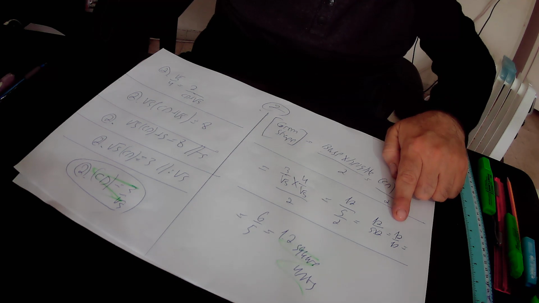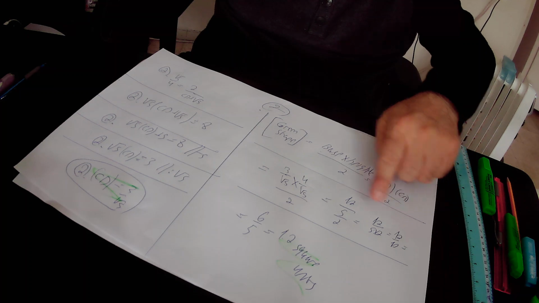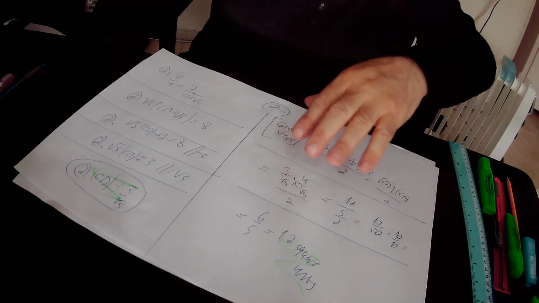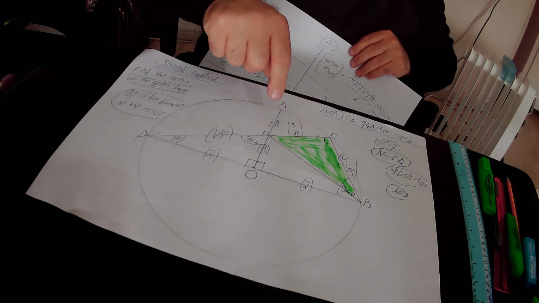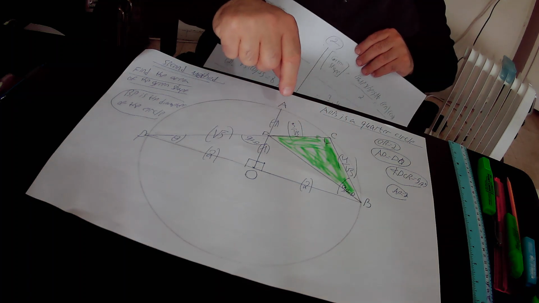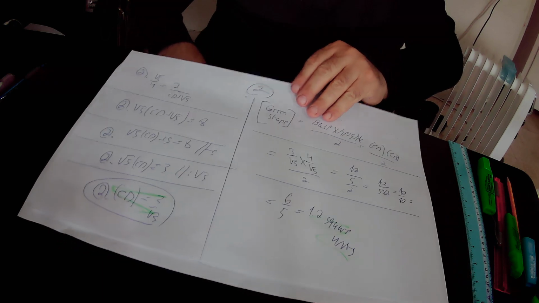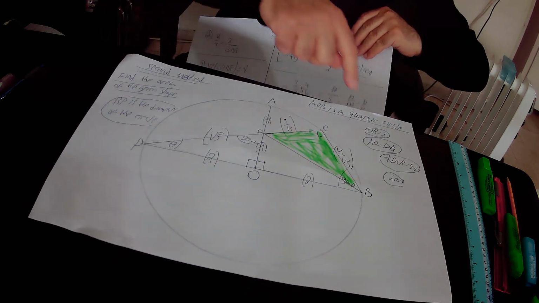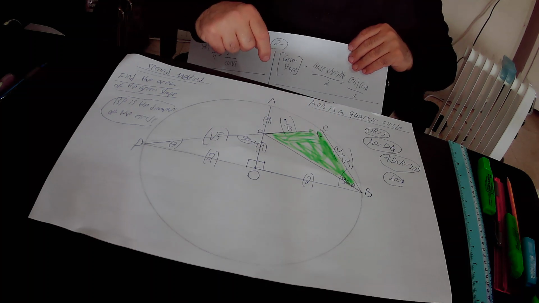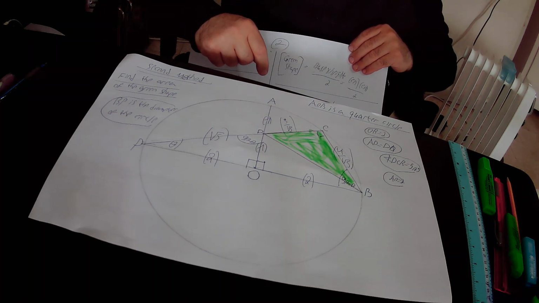We divide both numerator and denominator by 2: 12 over 2 is 6, and 10 over 2 is 5. So the area of this green shape equals 6/5 square units, or in decimal terms, 1.2 square units. So in both methods, we arrive at the same result.